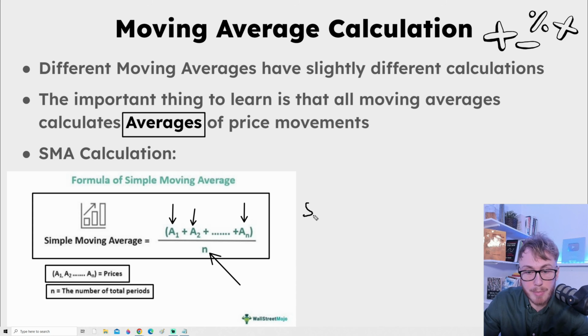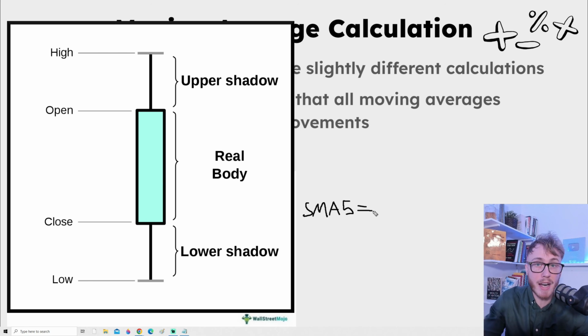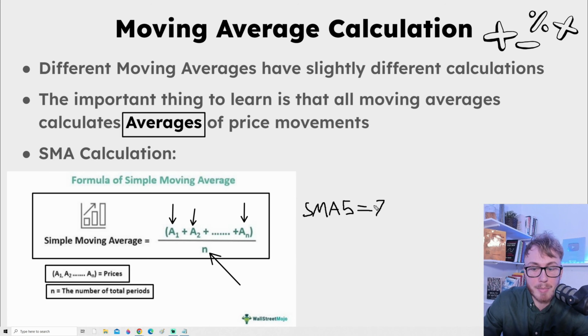To make this very simple, let's say that we have a simple moving average with a length of 5. To calculate this, we need to add up the 5 most recent closing prices. Let's say that the most recent price was 7. So the price closed at 7, for example, today. And before that, it was 6. Before that, 5. Before that, 4. And before that, 3.